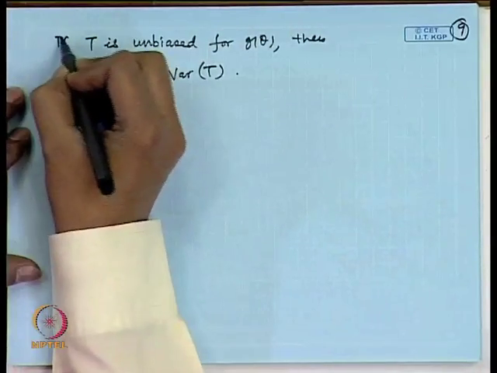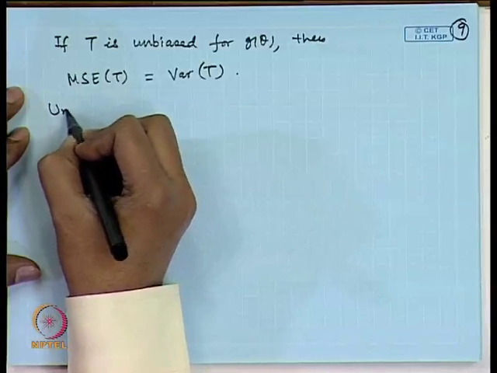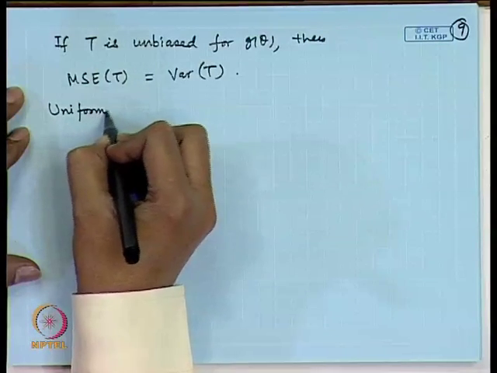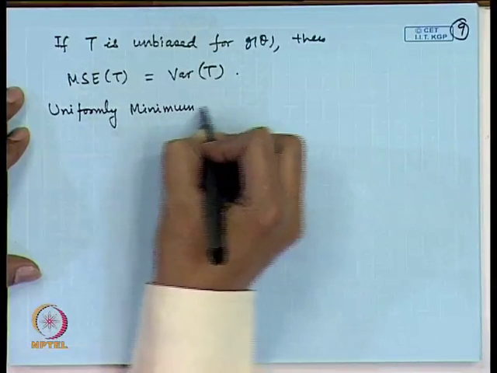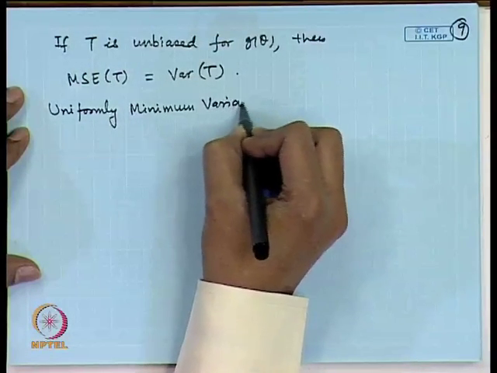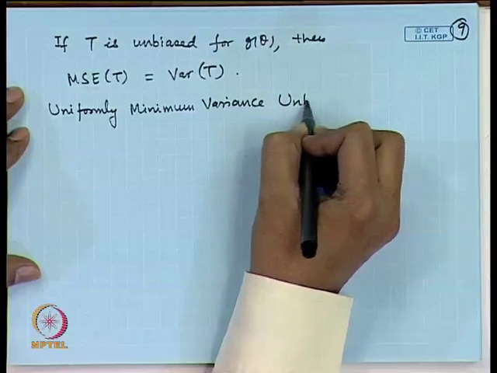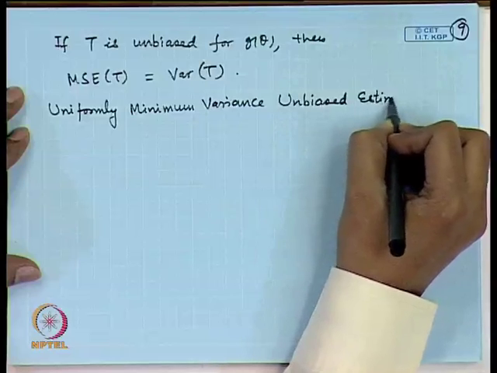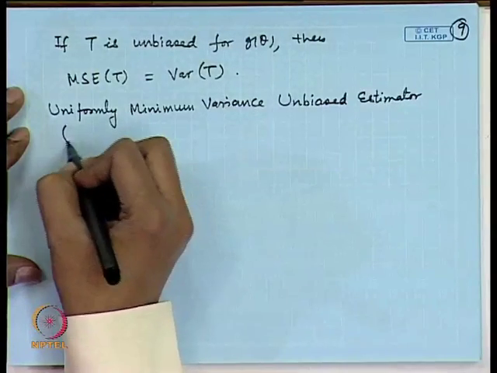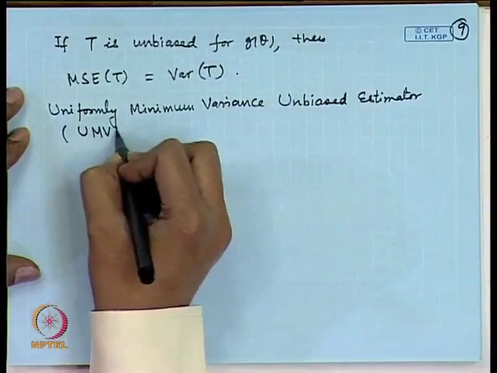Now, we define uniformly minimum variance unbiased estimators, that is UMVUE.